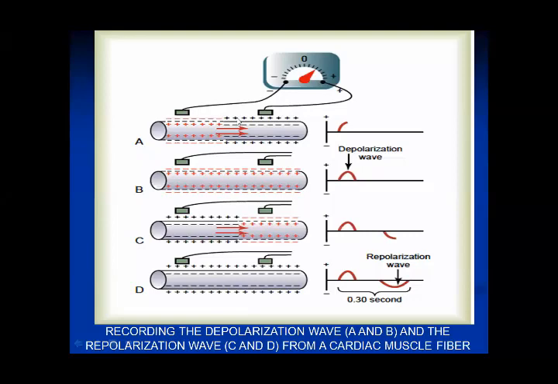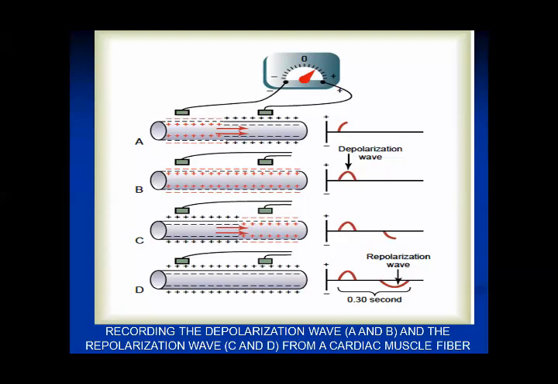So that is the main thing that is going to determine when we are going to have a negative wave and when we are going to have a positive wave.